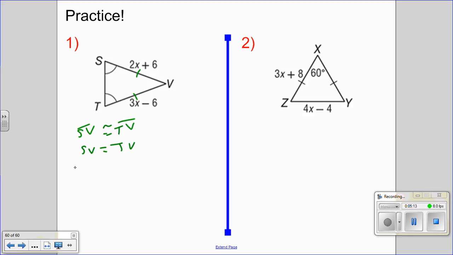So to find x, I would put 2x plus 6 equal to 3x minus 6 and continue to go. I would subtract 2x from both sides.